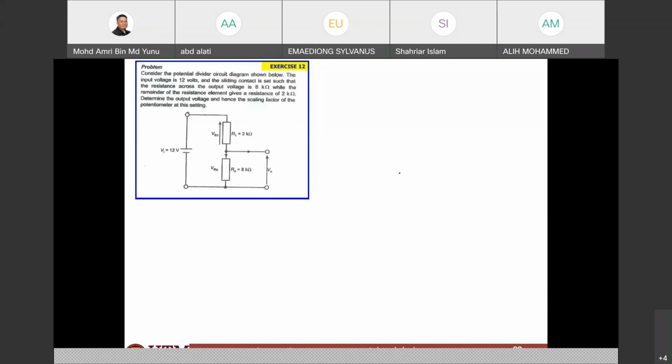Determine the output voltage and then the scaling factor of the potentiometer at this setting.